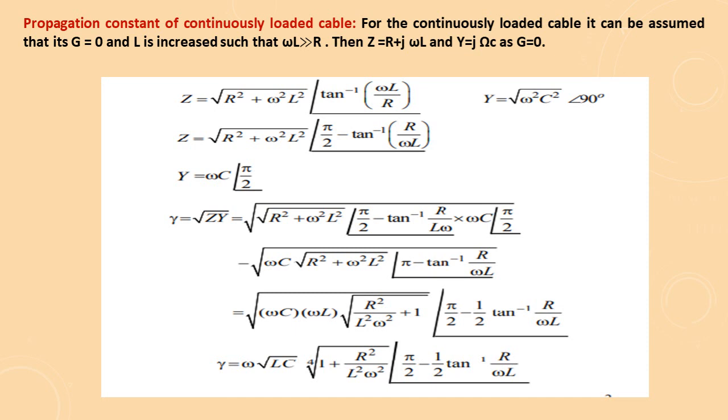For a continuously loaded cable, it is assumed that the value of G is 0 and L is increased such that omega L is very much greater than R. Then the value of Z will be R plus j omega L, but Y will be j omega C. And then the propagation constant, if we calculate, is gamma equal to omega root LC into 1 plus R squared by L squared omega squared whole power 1 by 4, with a phase shift of pi by 2 minus 1 by 2 tan inverse of R by omega L. That's the propagation constant of continuously loaded lines.